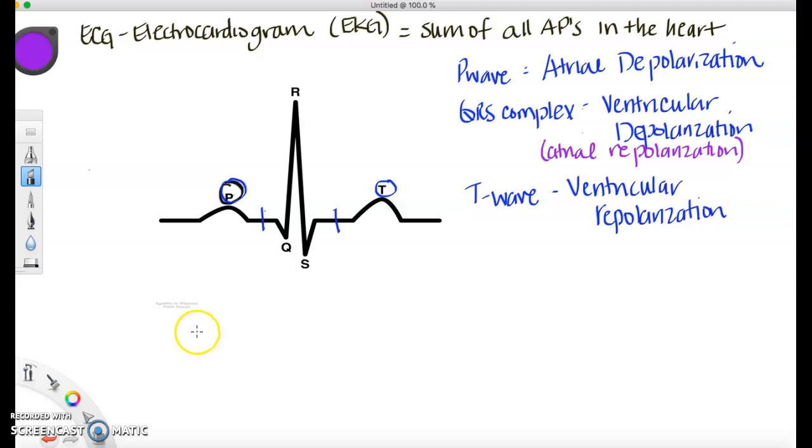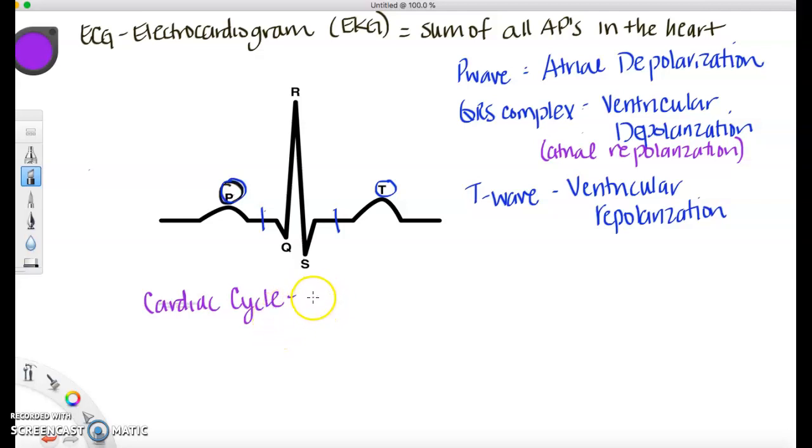So as far as the cardiac cycle goes, basically the cardiac cycle, which we'll talk about in a bit, this is what happens during one heartbeat.